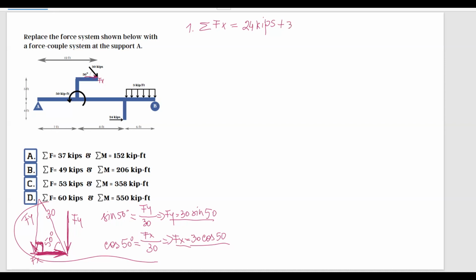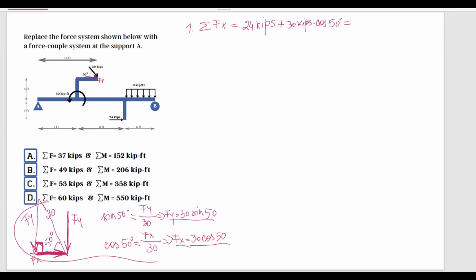So I'm going to say 30 kips multiplied by cosine of 50 degrees. I don't have any other horizontal forces. So this is going to be equal to 50 cosine 30 multiplied, plus 24.